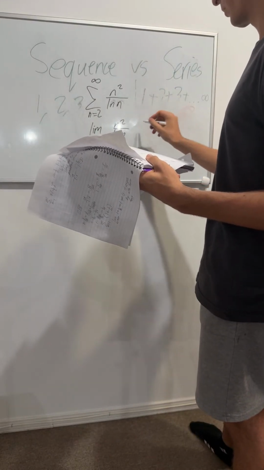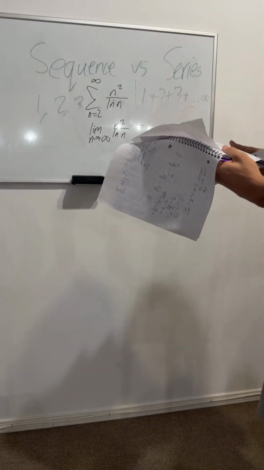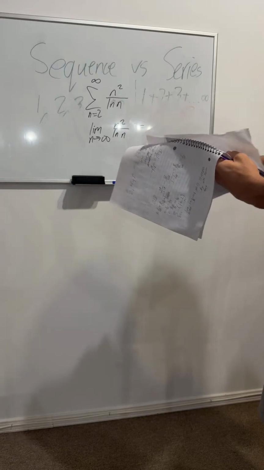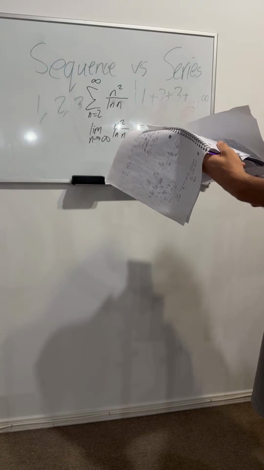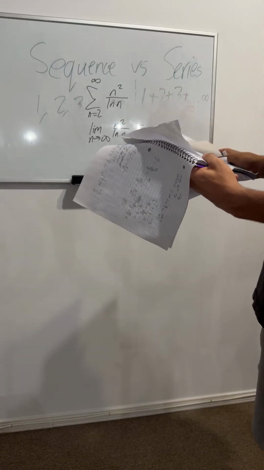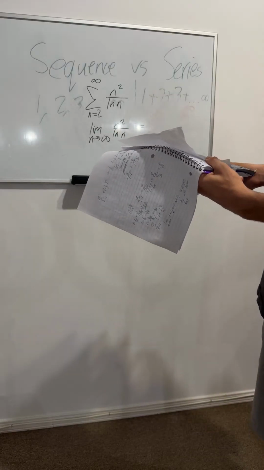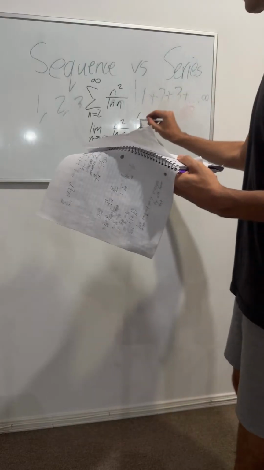Then what do you do? Well, this looks really complicated really fast, but don't worry. Let me look at my notes. Remember a little thing we learned in Calc AB called L'Hopital's rule? Well, that comes back. We have to use it here.